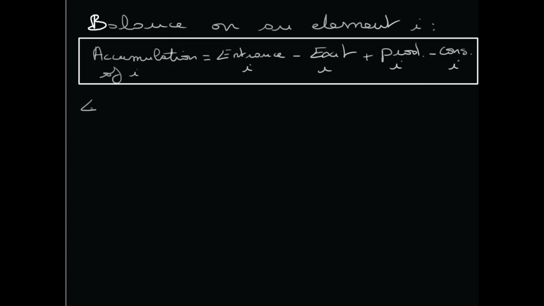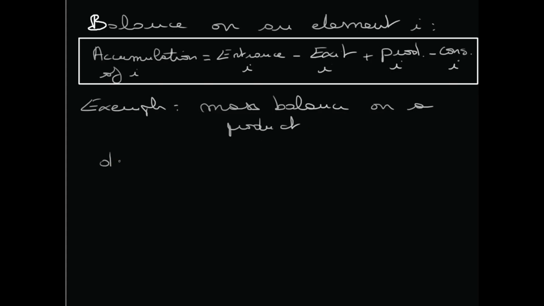Let's see an example with a material balance, a mass balance, on a product. On a product, we will call it P, the concentration of the product is P. So, accumulation of P is dmP over dt, the variation of mass of P during the time.